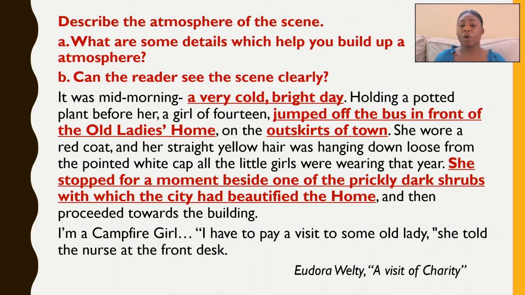She stopped for a moment beside one of the prickly dark shrubs with which the city had beautified the home. In our minds, we can see exactly where the girl is standing. This also helps us to create the setting. So we can see that the author did create a good atmosphere, and the reader can see the scene clearly. Therefore, it is a good setting.